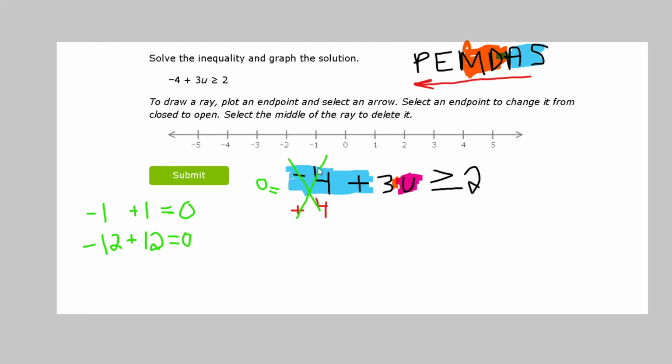We added 4 to get rid of this negative 4, so we have to add 4 over here. So this gives us 3 times u on the left side. This went away. And we know this is greater than or equal to 2 plus 4, 6.